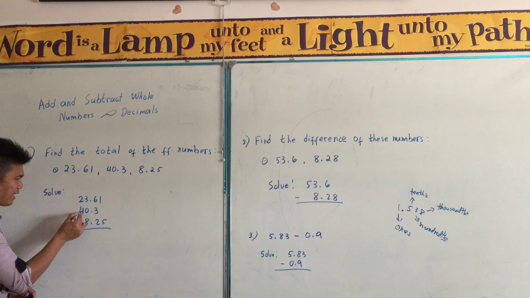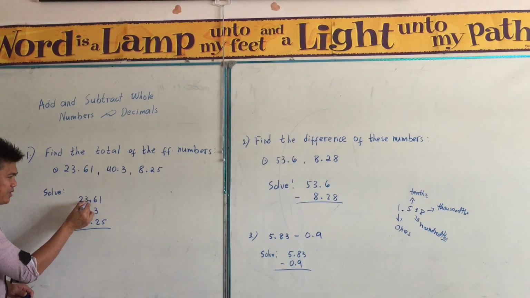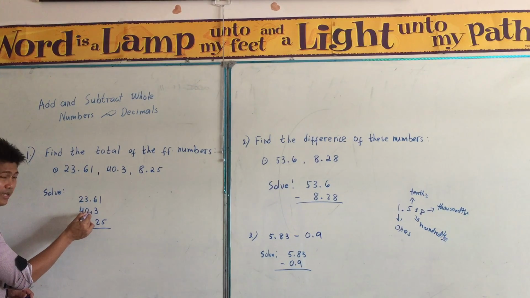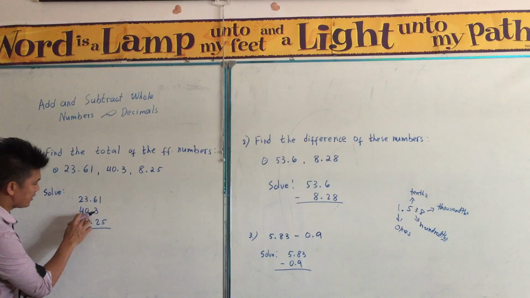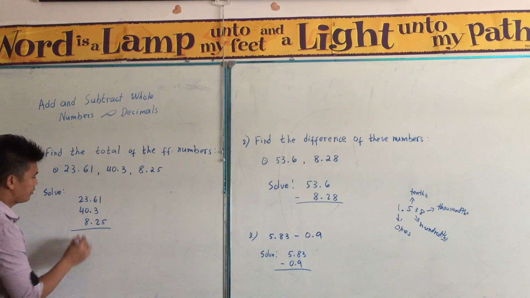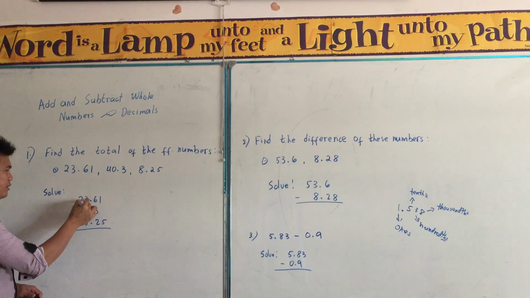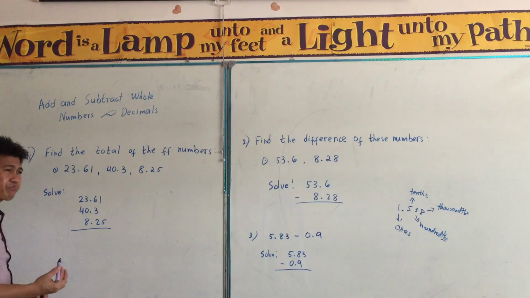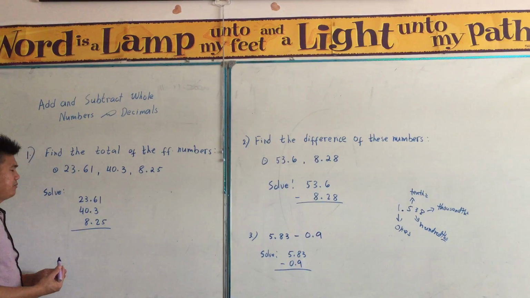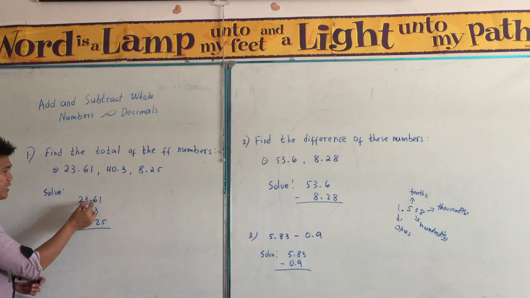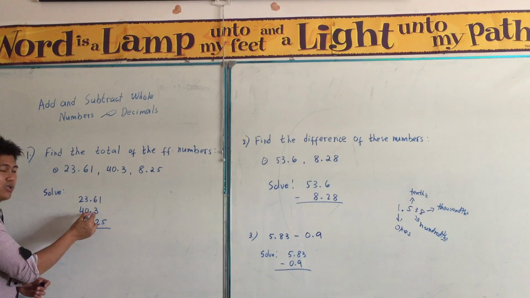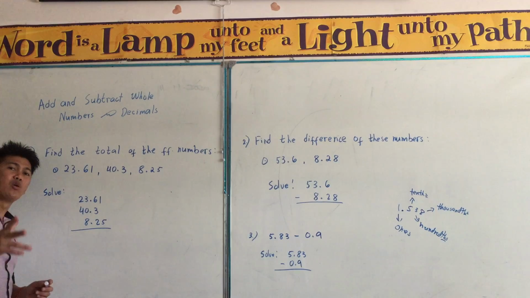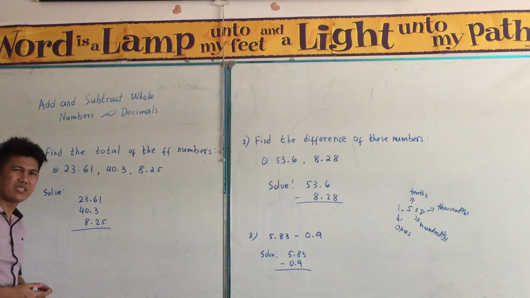These two numbers should be aligned. The decimal is also aligned. Forgive me for not writing it in a very perfect line. Then 6 and 3 should be aligned because they are both in the tenths place. Okay?